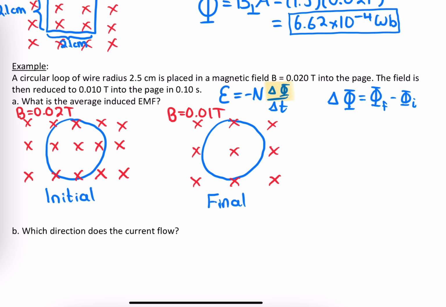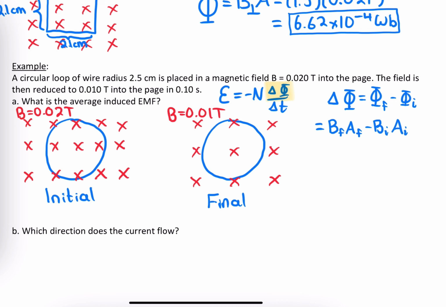The change in anything is final minus initial. So flux final, well, flux is B times A. So that'll be B final times A final minus B initial times A initial.